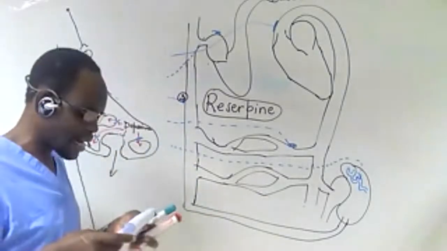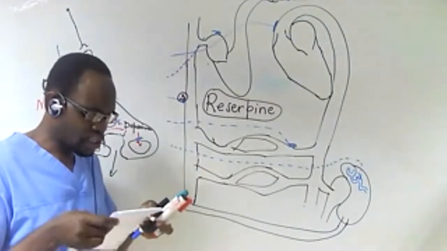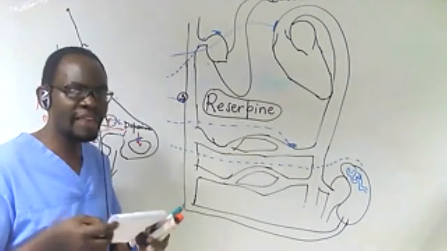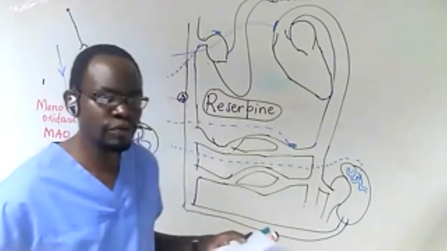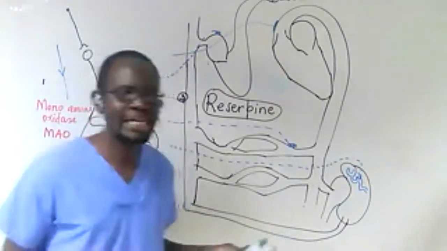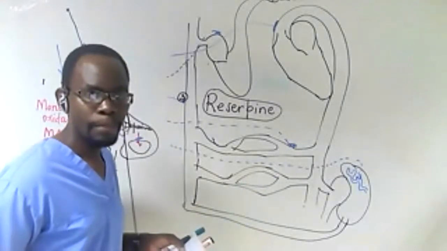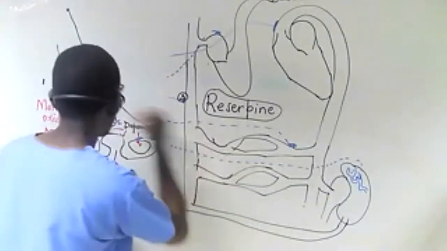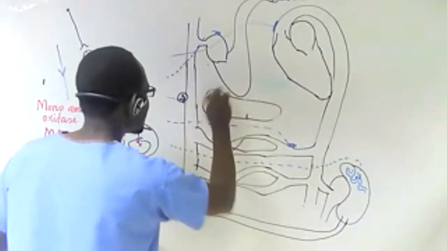All right. So another drug, which is also of clinical importance and works in a slightly different way, is what we call metyrosine.